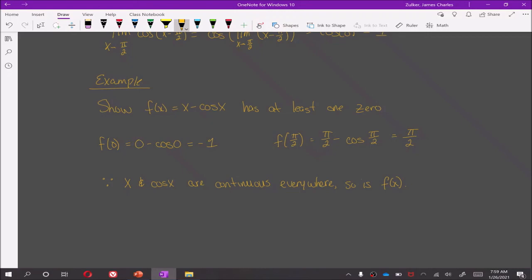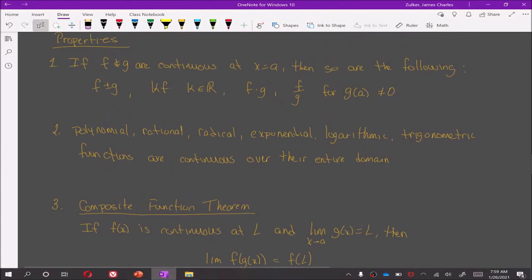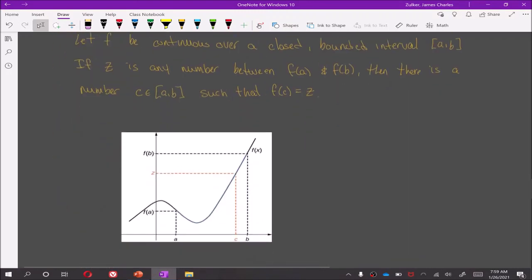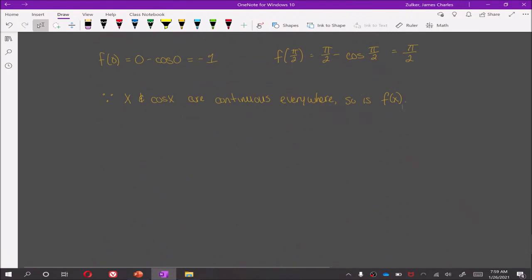Right? That is by this first property that we studied right up here. Well, what this is saying then is since it's continuous everywhere, more specifically, it is continuous on the interval 0 to pi over 2.